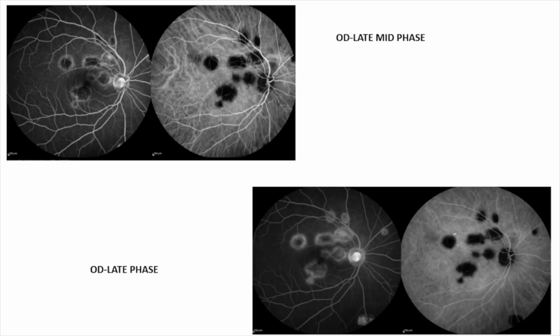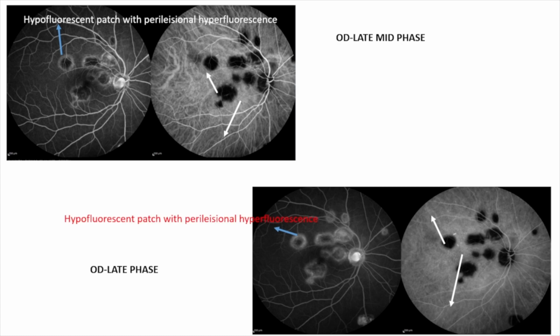In the right eye, in the late phase, we can see in FFA an increasing hyperfluorescent patch with perilesional hyperfluorescence. In the ICG, in the mid and late phase, there is hypocyanescence and increasing perilesional hypercyanescence.